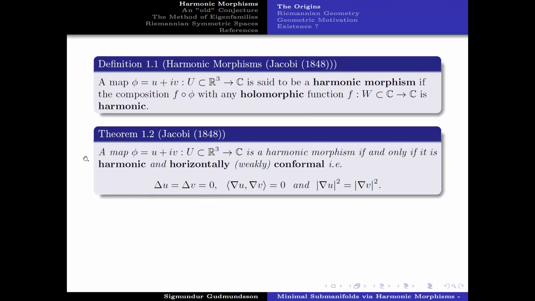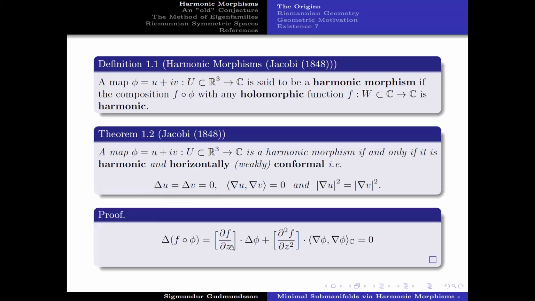He came to the conclusion, it's very easy, I will show you a one line proof later on, that a map is a harmonic morphism if and only if it's harmonic and horizontally conformal. What does that mean? Well, if you write phi with real part u and the imaginary part v, then they both have to be harmonic and horizontally conformal. That means that the gradients of u and v are orthogonal and of the same length. To prove this is almost trivial.